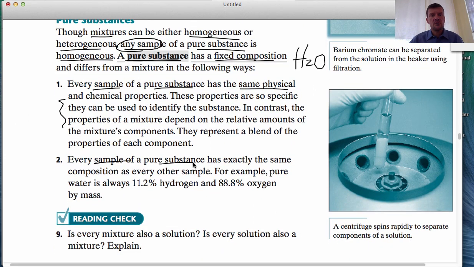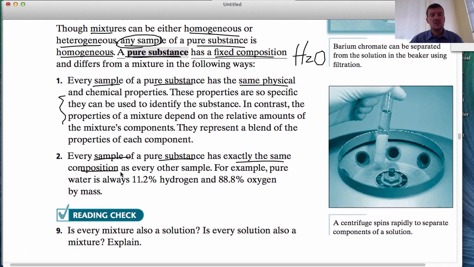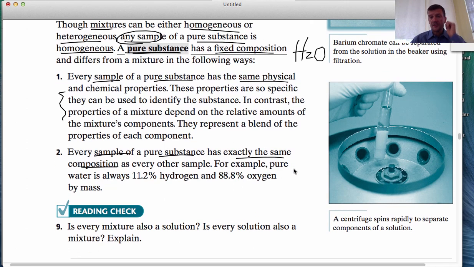Every sample of a pure substance has exactly the same composition. So, as I already mentioned, water has 2 parts hydrogen, 1 part oxygen. Well, hydrogen is lighter than oxygen, and so by mass, it is always going to be 11.2% hydrogen and 88.8% oxygen.